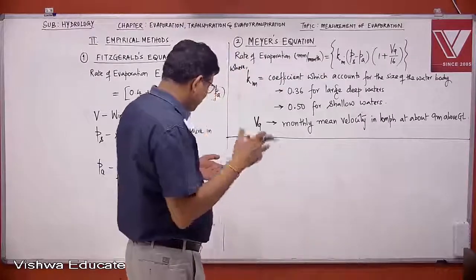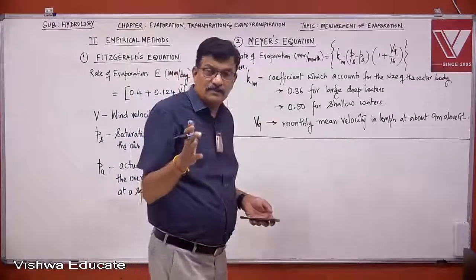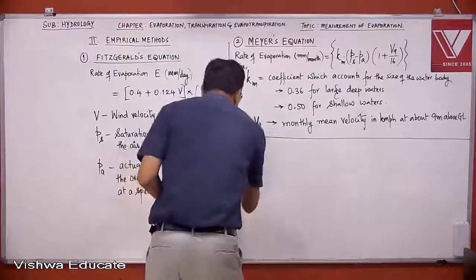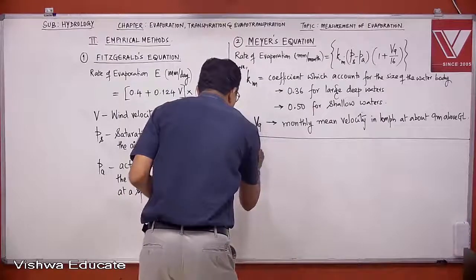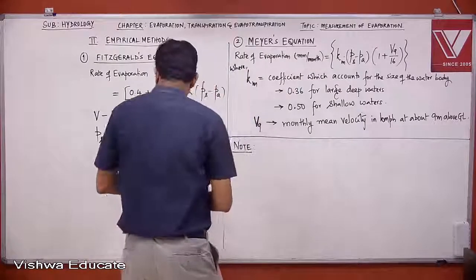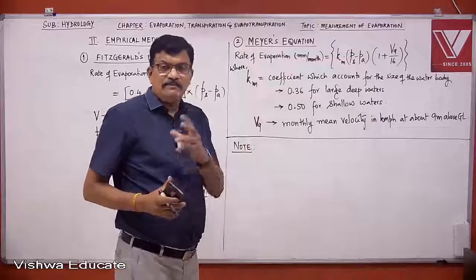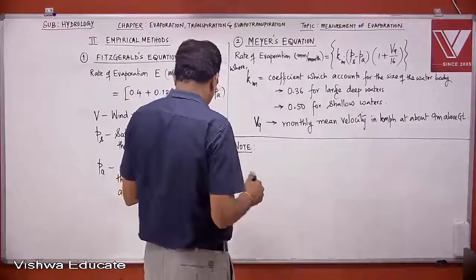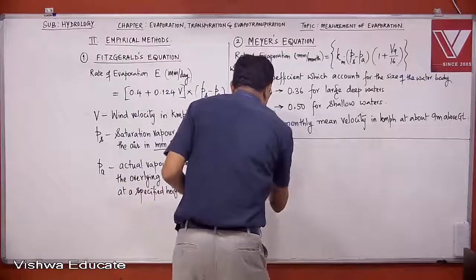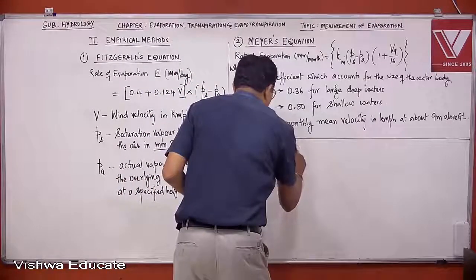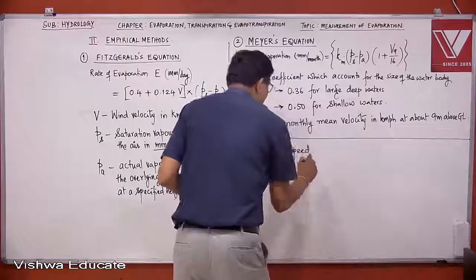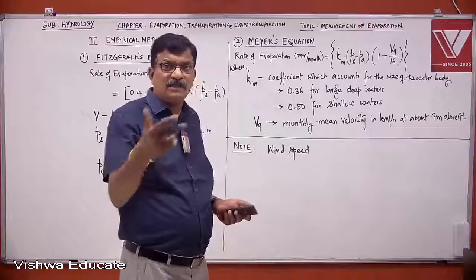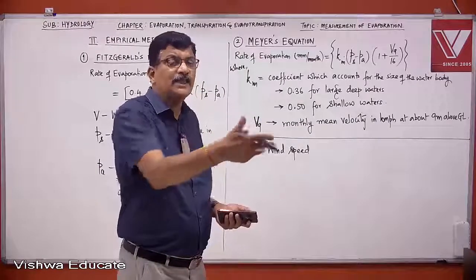with the help of what we call the 1/7 power law. So I will mention here a small note, because in both these equations we are getting wind velocities. In that context, the wind speed or the wind velocity can be interpolated. Interpolated means knowing one value, you can convert that into any other value at any other point.